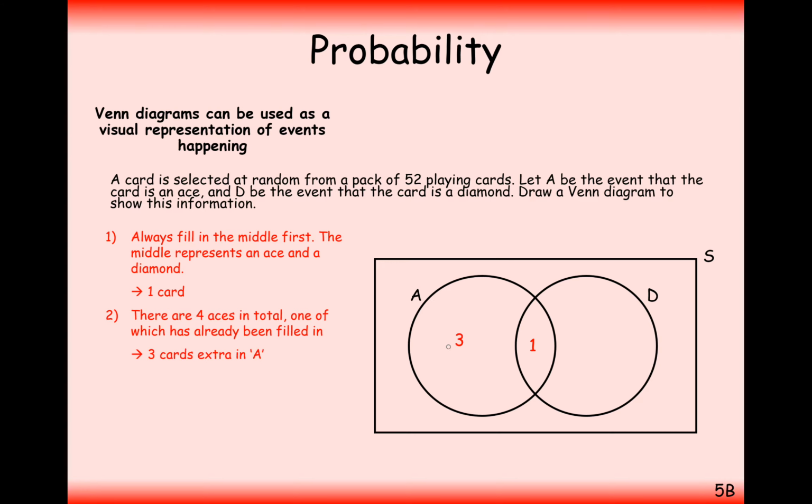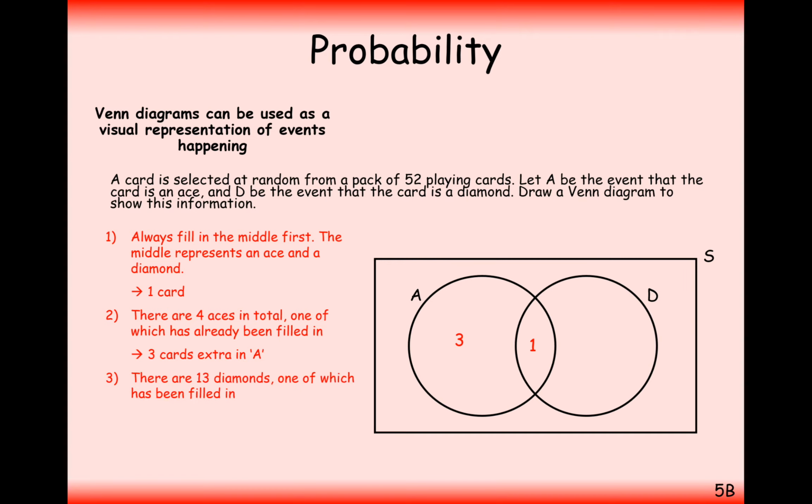And what these 3 cards represent here are the 3 aces that don't have a diamond involved. So the ace of clubs, the ace of spades, and the ace of hearts. Okay, so when you're filling in this diagram, do take into account you've already filled in some of the information for this circle when you filled in the overlap.